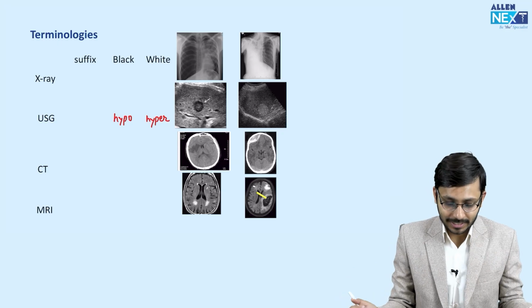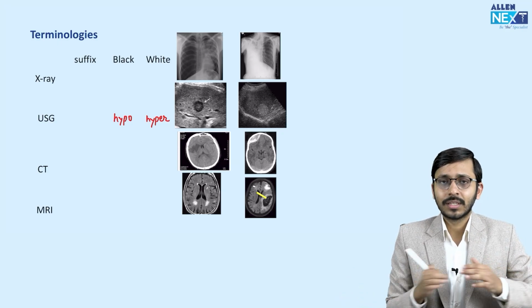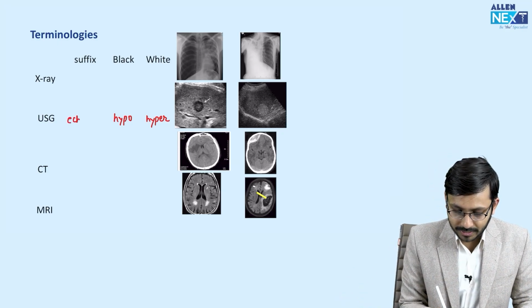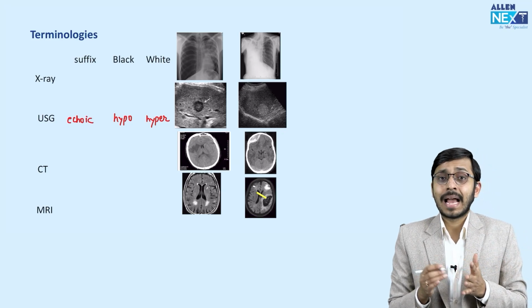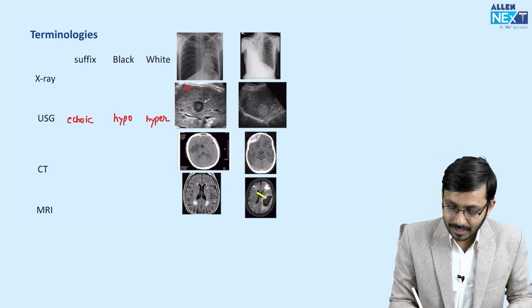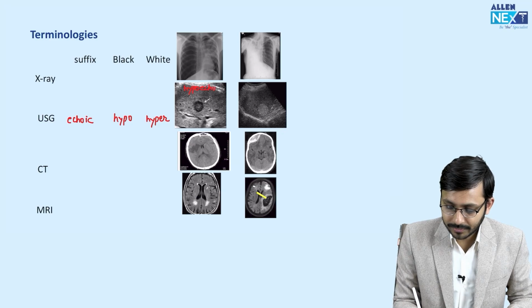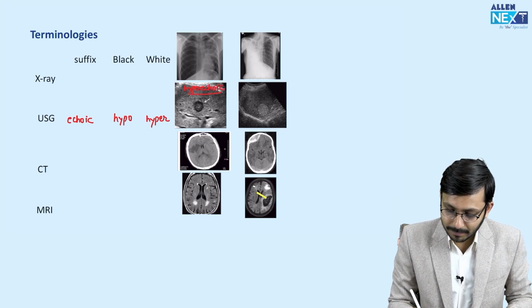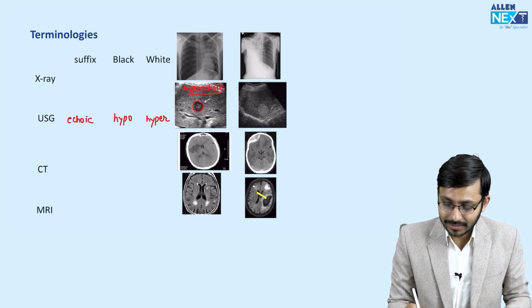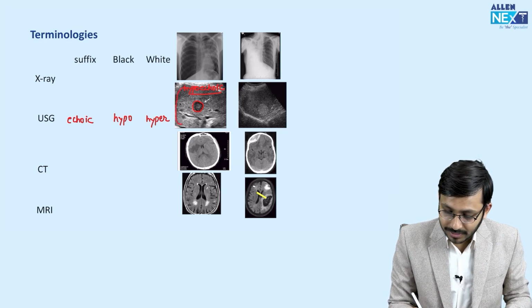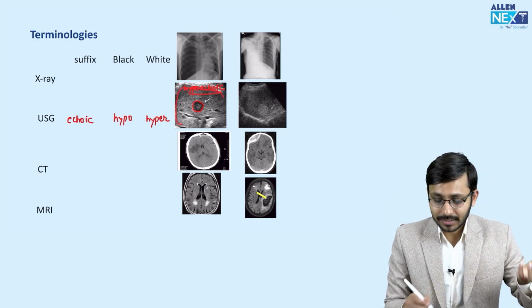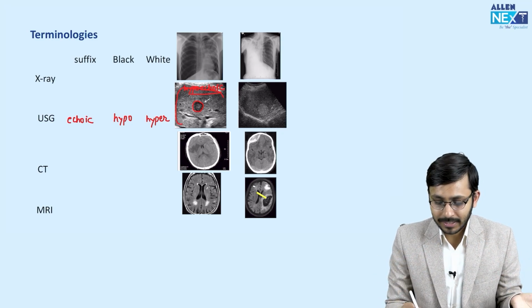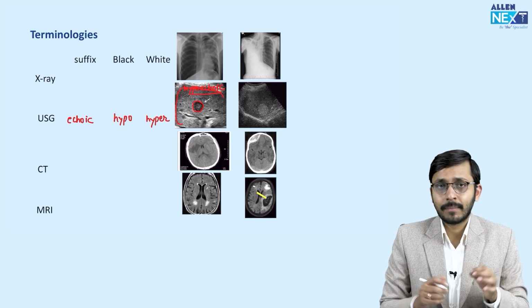Then there is a suffix that is attached to either hypo or hyper depending upon what kind of modality we are using. If we are using ultrasound, the suffix will be echoic. So anything which is black on ultrasound will be hypoechoic. This is a black lesion in the liver. The liver appears slightly brighter than the lesion, or the lesion is appearing blacker than the normal liver parenchyma.